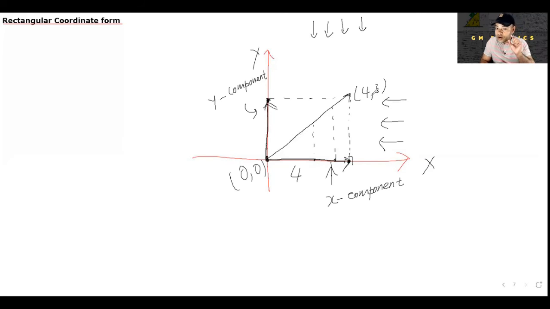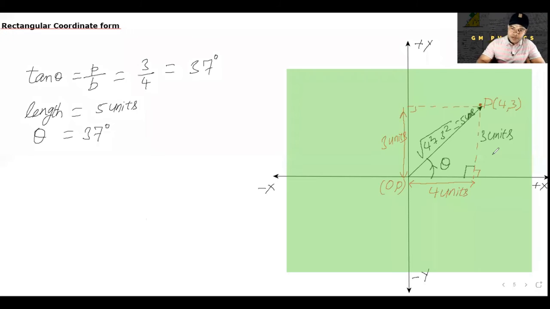So now the coordinates of the head of the arrow, we will call the components of the vector, and we will not call them the coordinates of the head of the arrow. Now we have to look at it from the vector point of view, right?